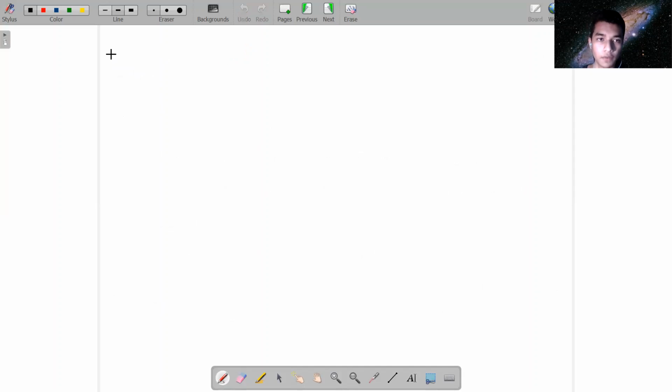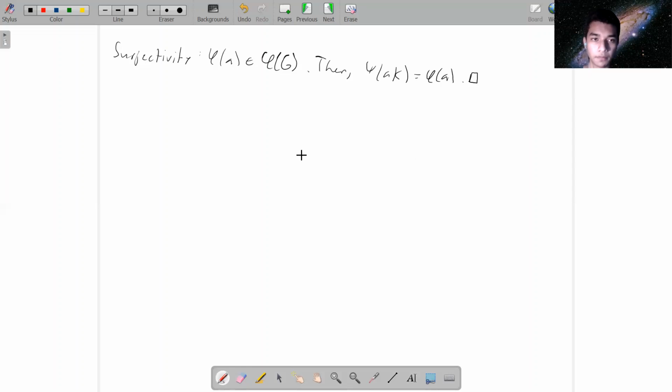All right. Finally, surjectivity. This one's really easy. If you have a phi of A in phi of G, then, well, just psi of A equals phi of A. Well, this shows surjectivity.